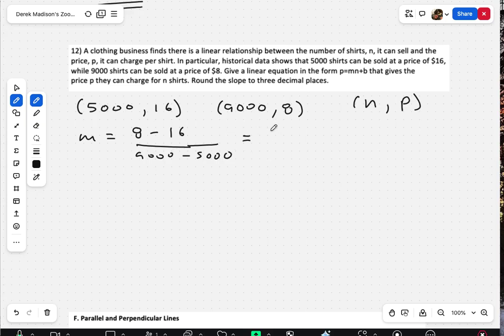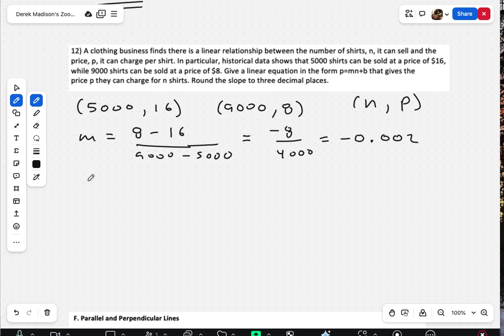So that got me -8 over 4,000. And then since it told me to round the slope to 3 decimal places, I just threw that in the calculator right there and got -0.002.